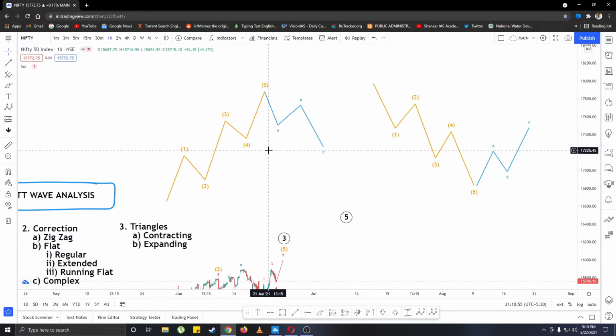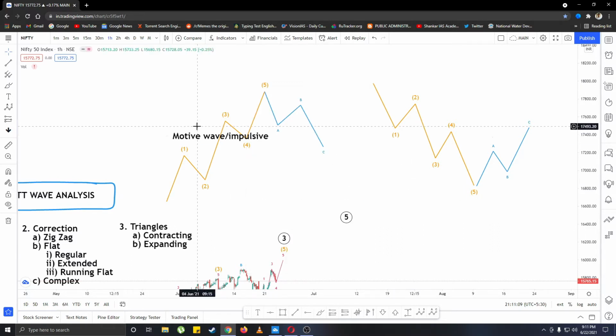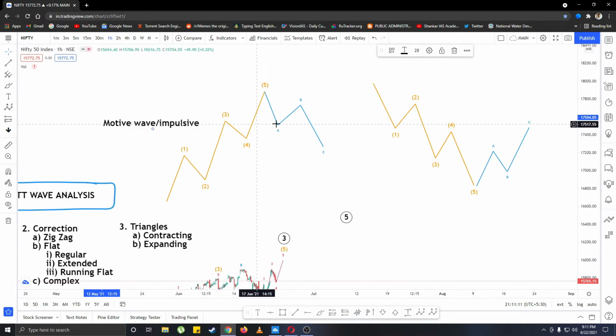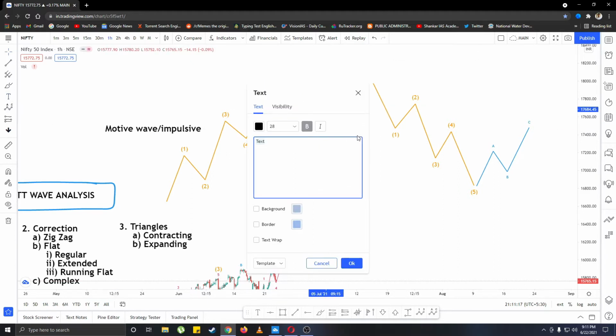Now the bullish part or the bearish part, the 5 moves up or down, is called the motive wave or an impulsive wave. We will use the word impulsive wave here. The 3 part down or up is called a correction.